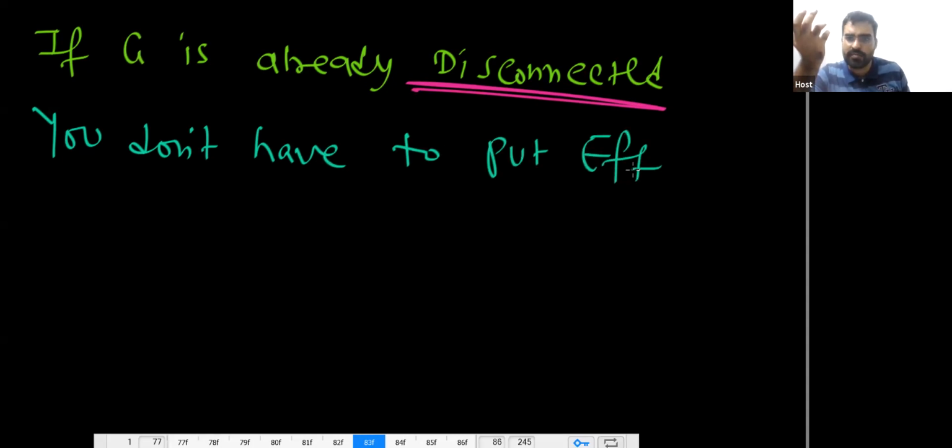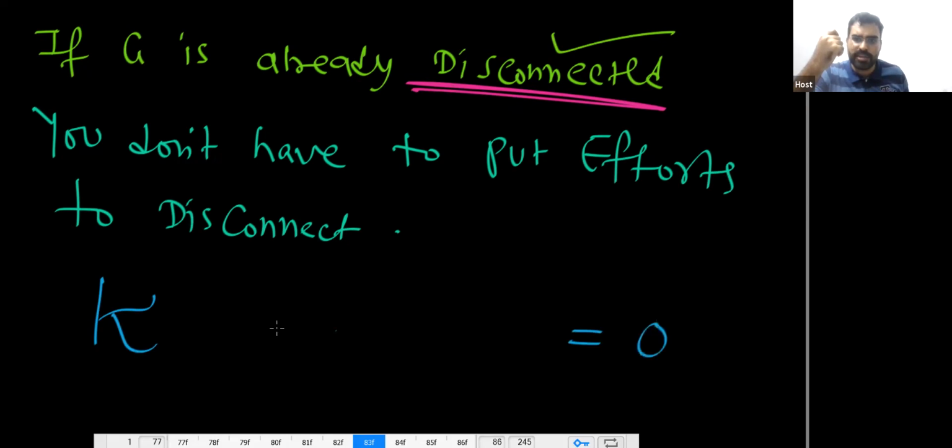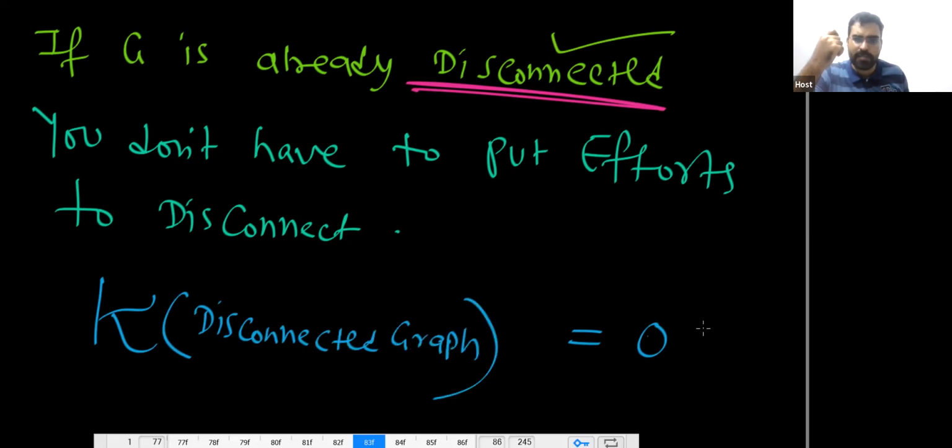So for disconnected graphs, we define the connectivity number as 0. Whatever disconnected graph you take, the kappa number will be 0.